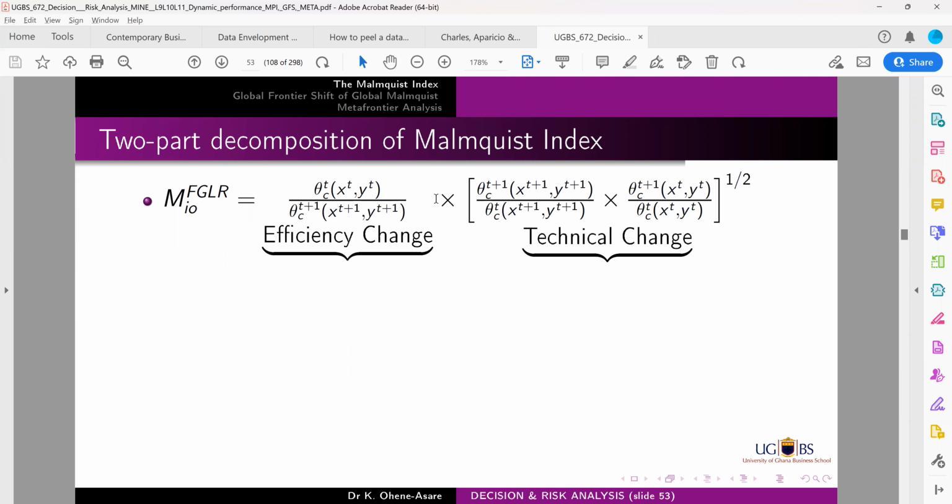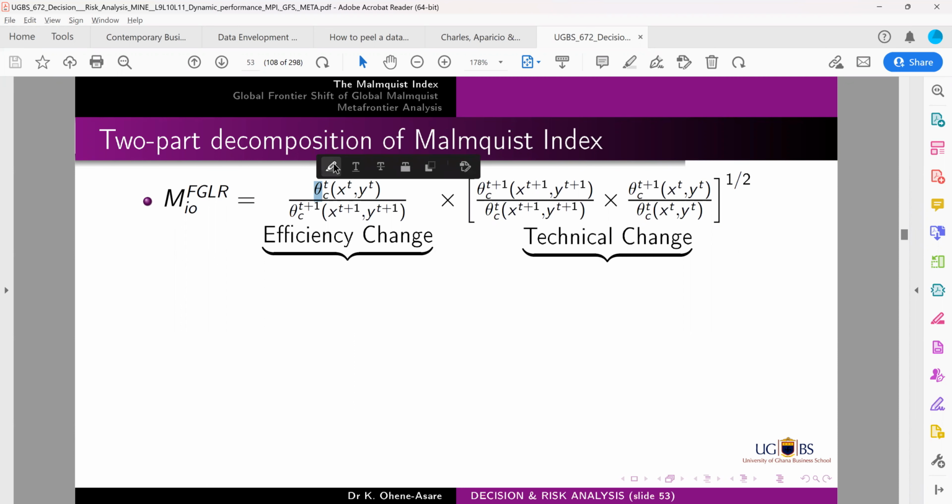If I multiply the efficiency change with the technological change, you'll get back the Malmquist productivity change. These are all under constant returns to scale. That is why you see C, C, C, C, C. Now, if you are doing output orientation, the only thing that will change here is the theta. The theta will change to 5.